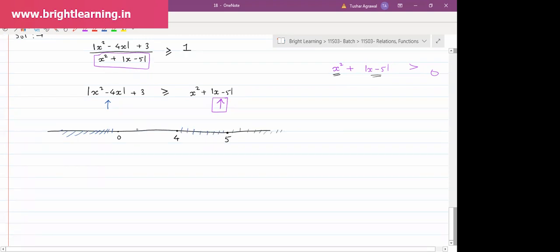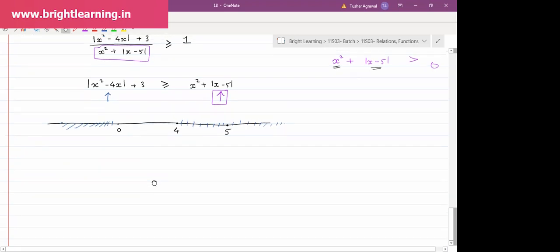And the other interval is between 0 and 4. And with respect to x minus 5, I have other intervals. Now you'll have to picturize it, you have to manage yourself some common intervals.